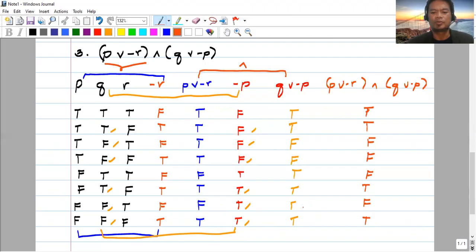False and true is false. True and true is true. False and true is false. True and false is false. True and false is false. True. Okay, so this is the truth value of P or not R and Q or not P.